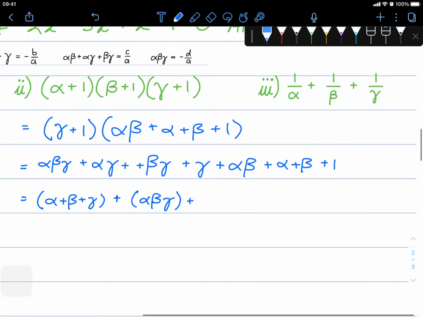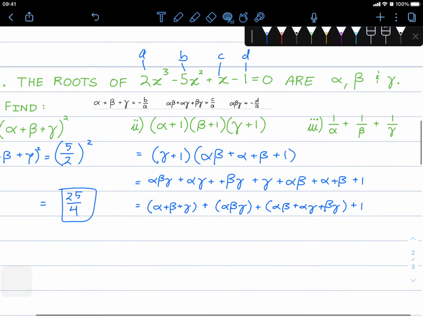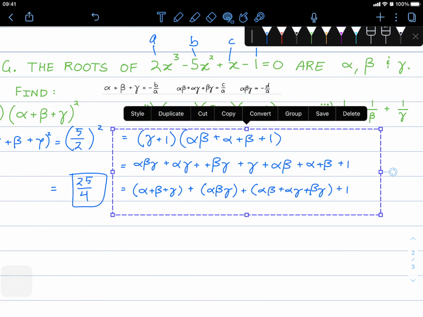And hopefully I didn't miss any. We have alpha beta, alpha gamma, plus beta gamma. We have the third one there, plus 1. Now that we have all three of these, all three of them are now being used.